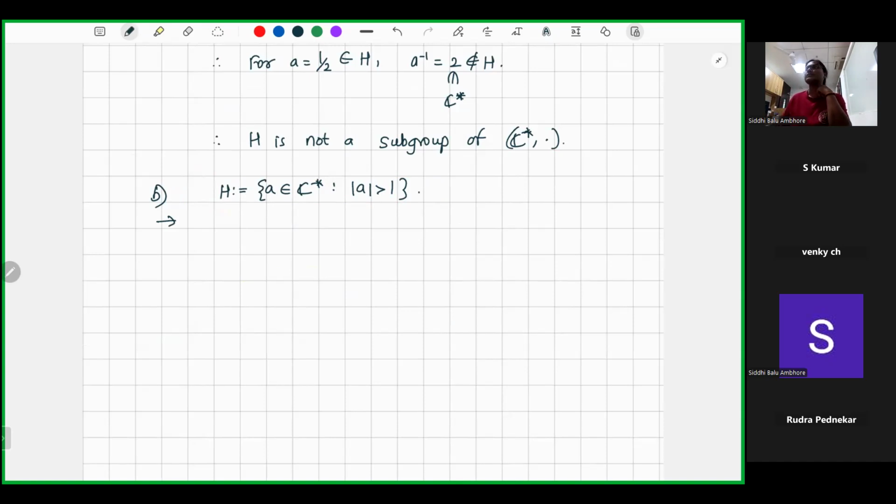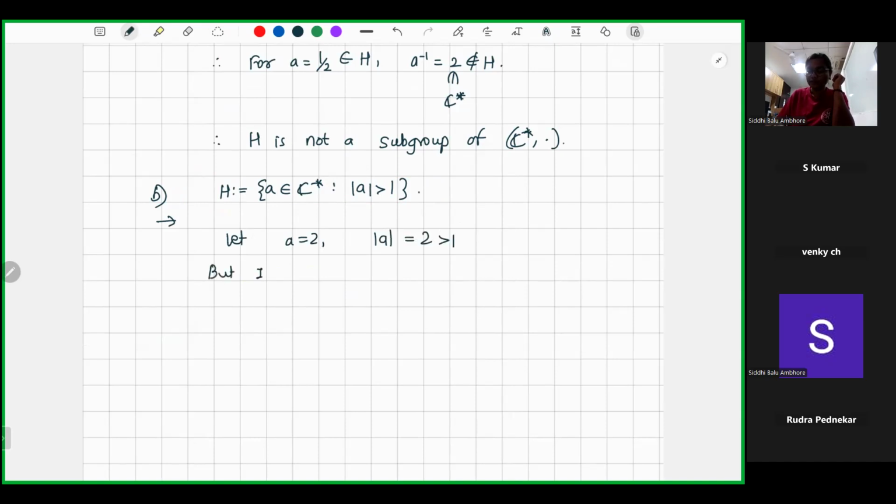Can you work with a similar kind of argument? Because since I want A in H with modulus of A greater than 1, I can similarly choose A to be 2. And modulus of A is 2 again, which is greater than 1.